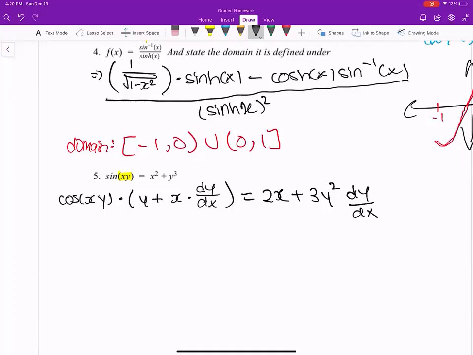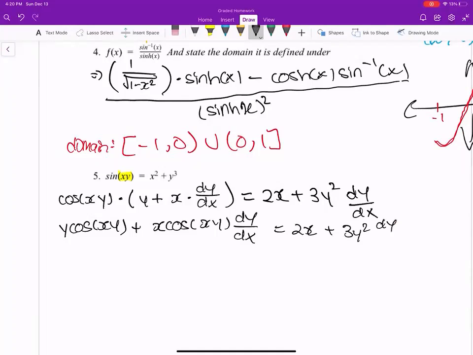Now we need to solve for dy by dx because that's the derivative. That's what we're trying to solve for. So we can factor the cos xy in. So you get y cos xy plus x cos xy dy by dx equals 2x plus 3y squared dy by dx.